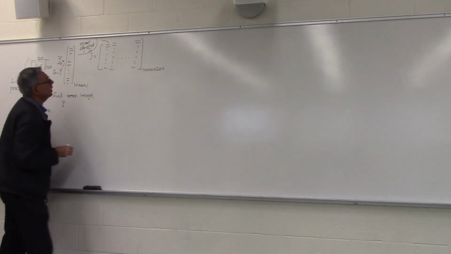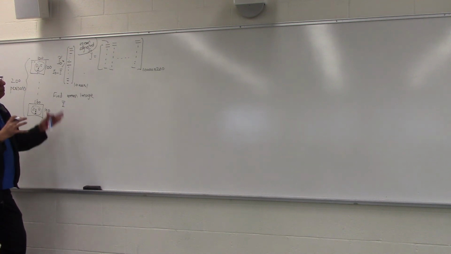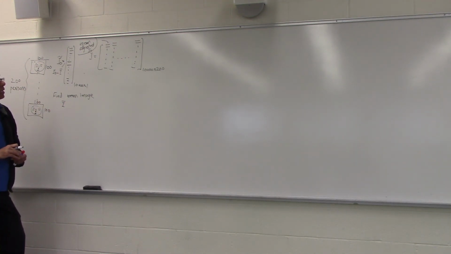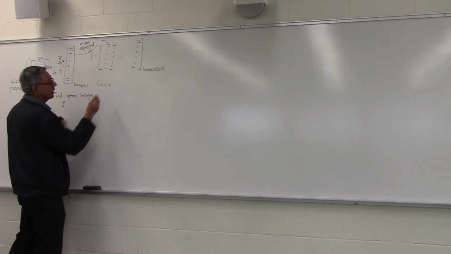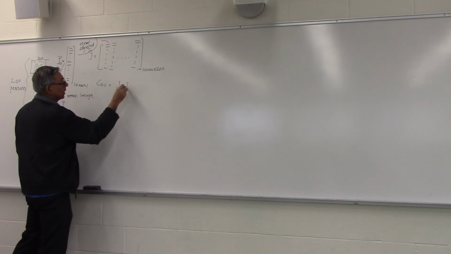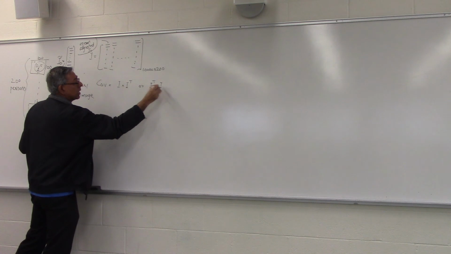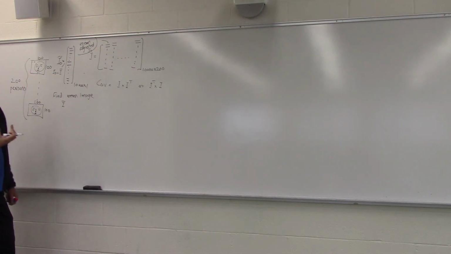Okay, so the second step, as you recall, was to find the relationship of each image to another image in our data set. We do that by computing the covariance matrix. The covariance matrix could be computed either as I times I transpose or I transpose times I. Whichever gives us the lower size, we use that, because computationally that's a lot better.